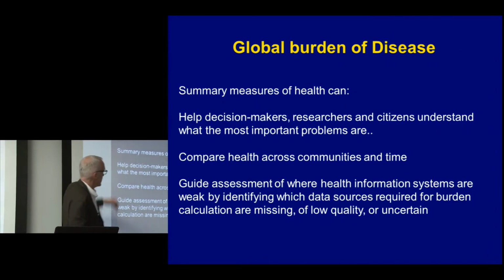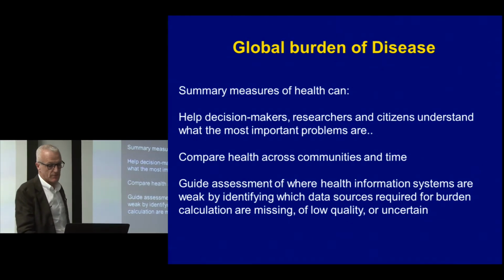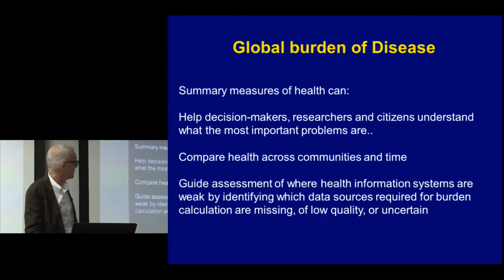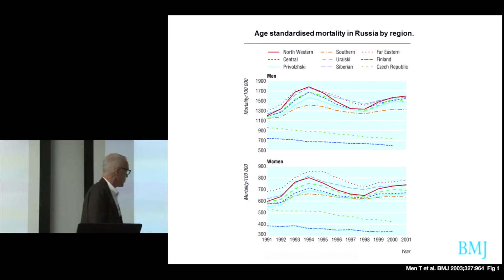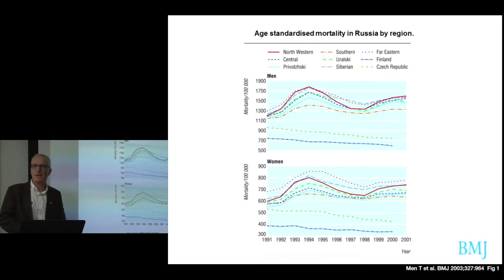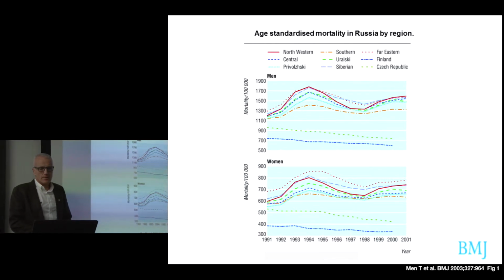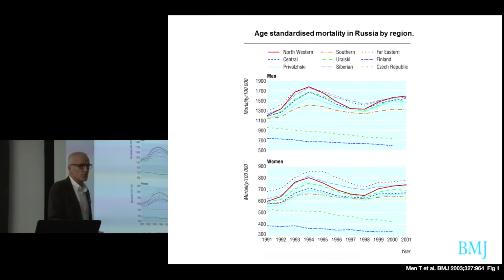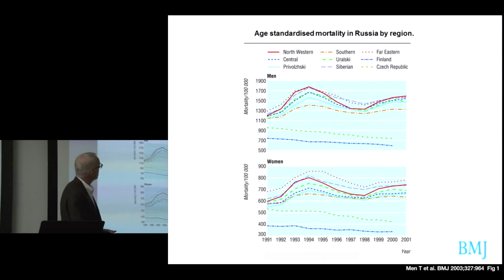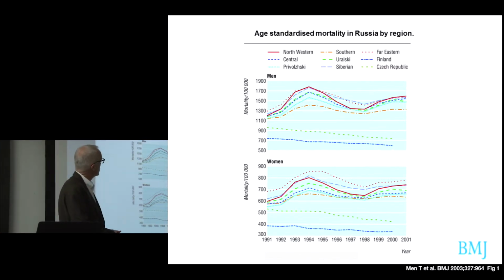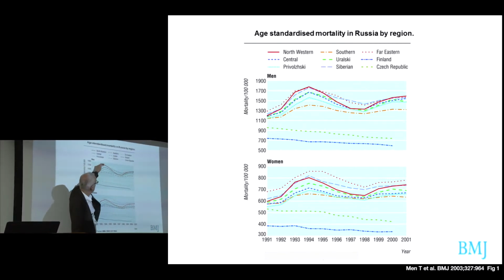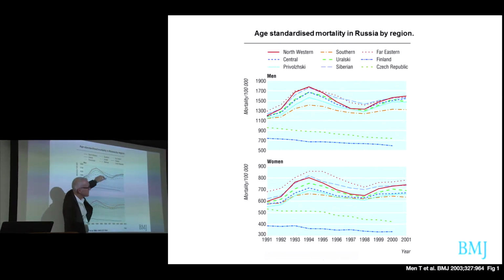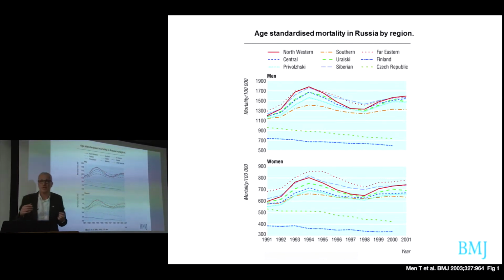In terms of comparing health of communities over time, I just don't think that works, for obvious epidemiological reasons. Things go up and down for all sorts of different reasons. This is the age-standardized mortality in Russia by region, and there was a big peak and jump in mortality in Russia with the economic situation.